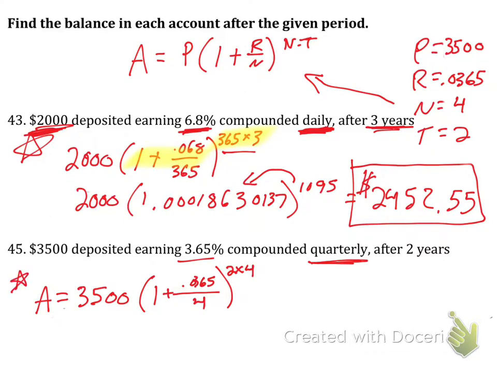And if I plug that into my calculator, I'm going to do 3,500, parentheses, 1 plus 0.0365 divided by 4, parentheses, and then I can just do that in my head. 2 times 4 is 8. So that's going to be to the 8th power.